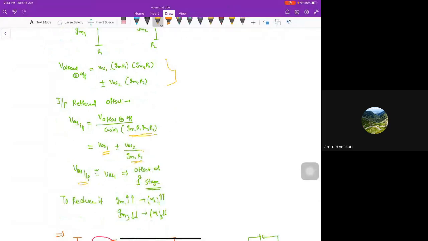This gain is high, so we can approximate the offset as that of the single first-stage op-amp. The first-stage offset we already derived: delta VT1,2 plus or minus gm3 by gm1 times delta VT3,4. To reduce it, we have to increase this and decrease this.